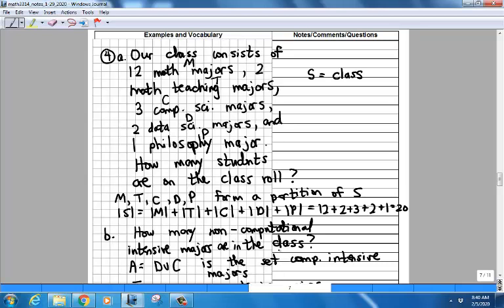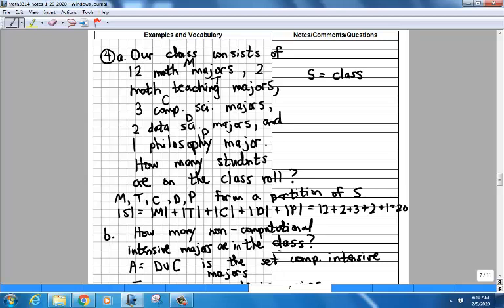We did that by mentioning that these various subsets of students that correspond to the different majors form a partition of the entire class. We gave each one of these subsets a name. The union of all of those, indeed, is the class, correct? And so that forms the entire class.